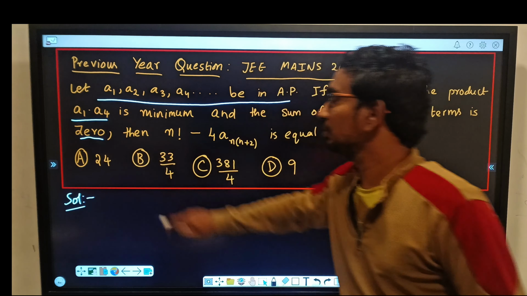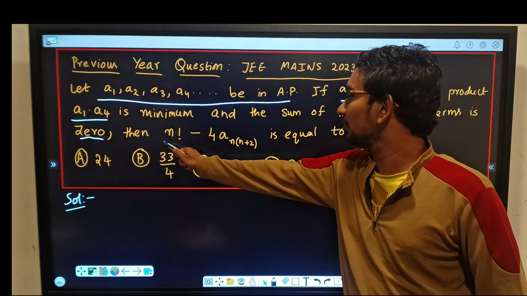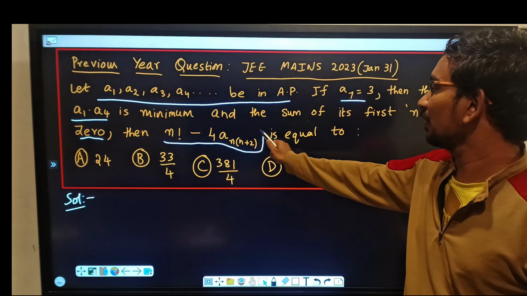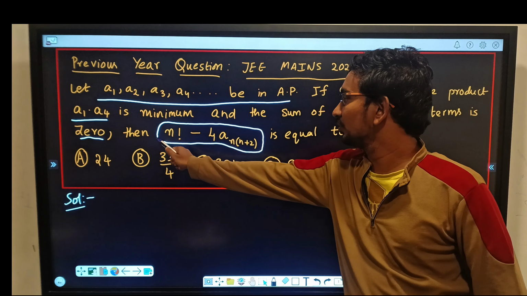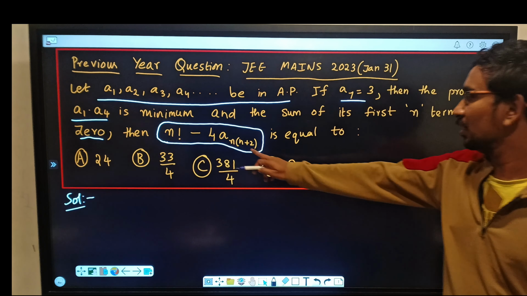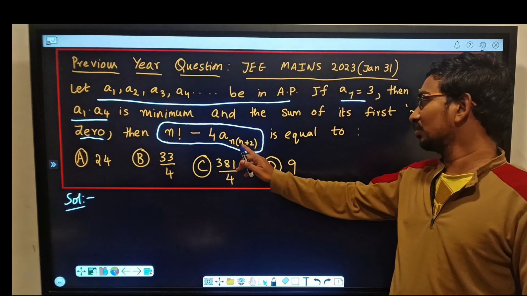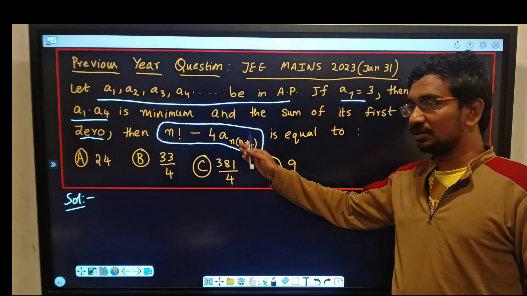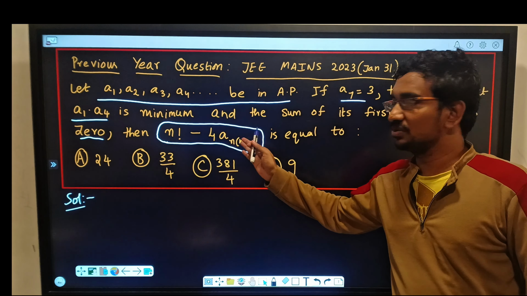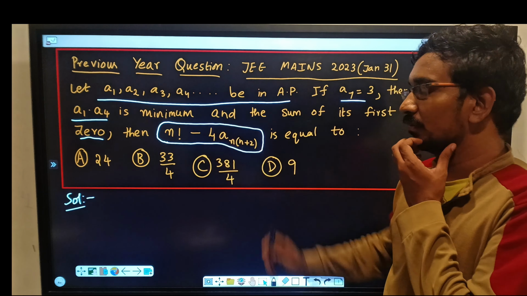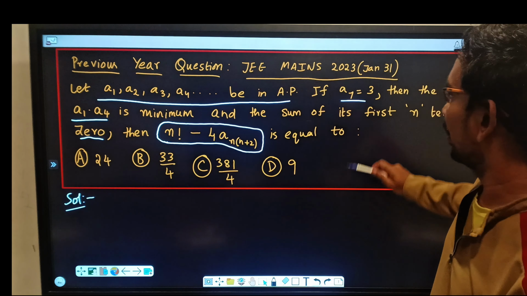So the final answer is n factorial minus 4a n into n plus 1. Then n is one of the substitutes: 31, 25 or 26, equal to how much? Four options are there.